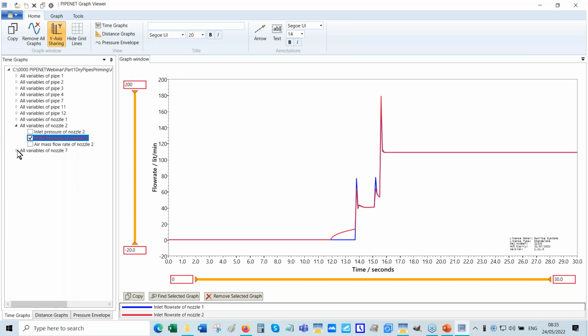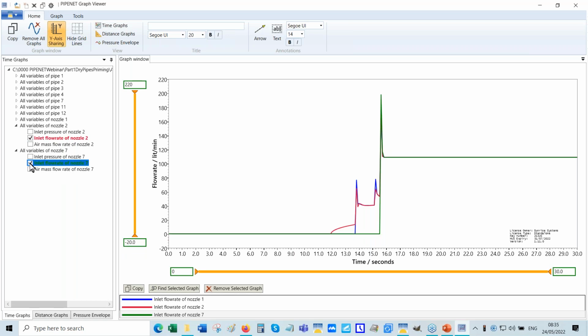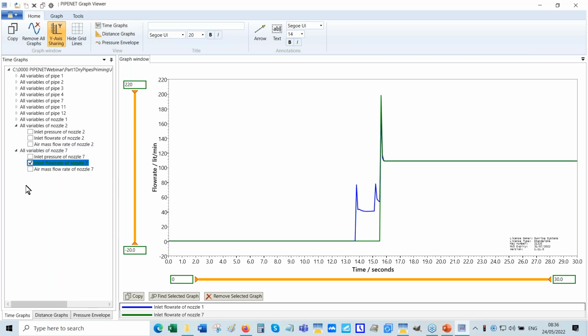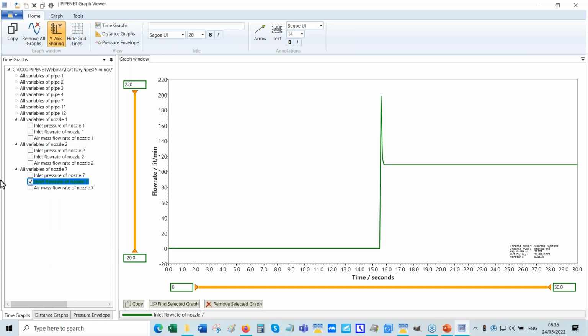Okay, and let's look at the last nozzle. See, that doesn't have these little peaks because that is the last nozzle which creates a shock wave. Now, if I remove the others, you can see that this has actually got these peaks, but that one, the last one, which is a green one, hasn't got the peak. I'll remove that as well. So we look at it.